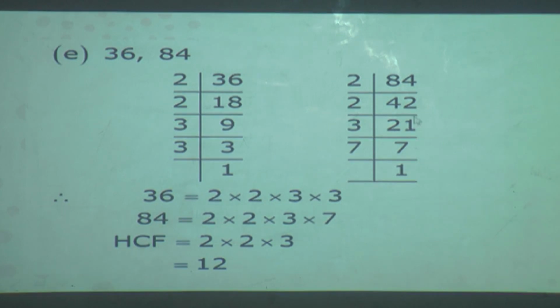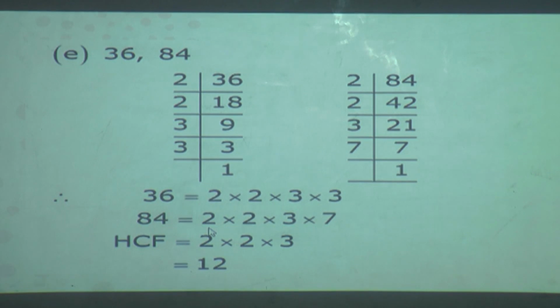Now we have 21, which is divisible by 3. So 3 7s are 21. We have 7 as a prime number itself. 7 1s are 7. So the prime factors of 84 are 2 into 2 into 3 into 7.